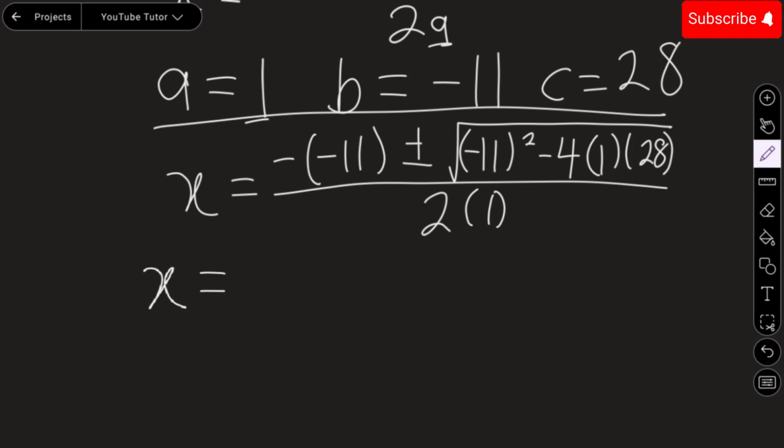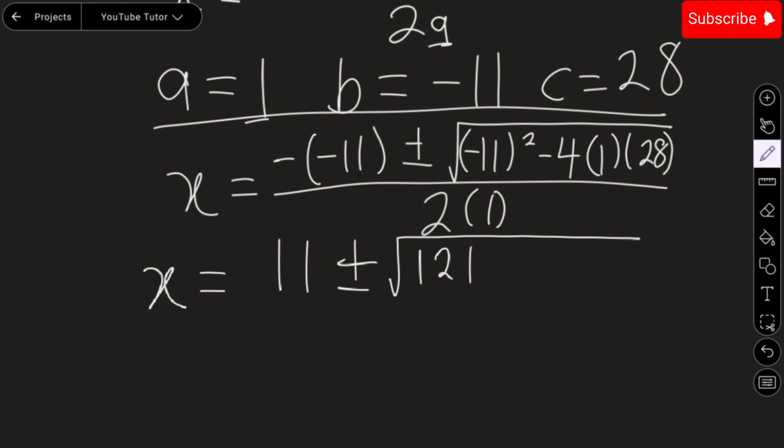Now we have x is equal to negative times negative 11. It just gives us positive 11. So plus or minus square root of 11 squared. Because it is squared, although it's a negative number, we will get positive 121.